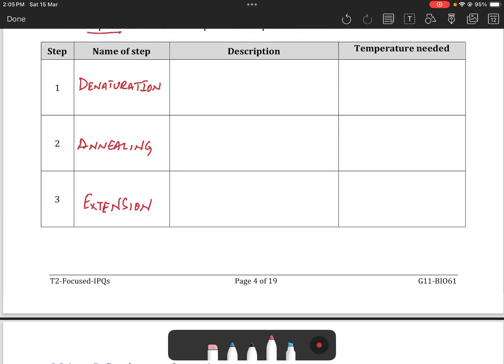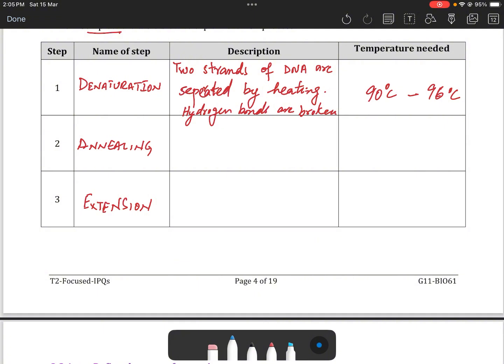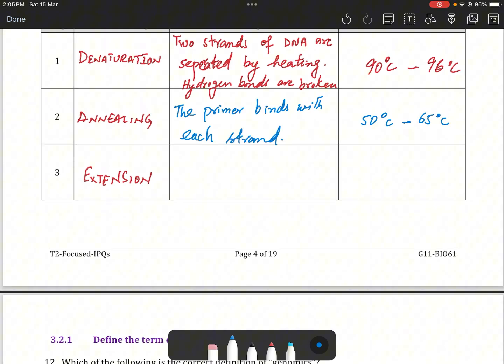In annealing, we already noticed that the primer binds with each strand. So when we say the primer binds with each strand, then you can easily say that this process takes place between 50 degrees Celsius to 65 degrees Celsius, any temperature you can say. And the last step, extension, the DNA polymerase.